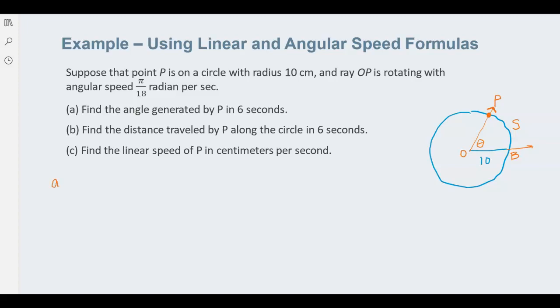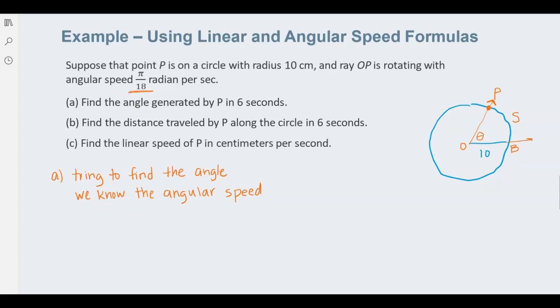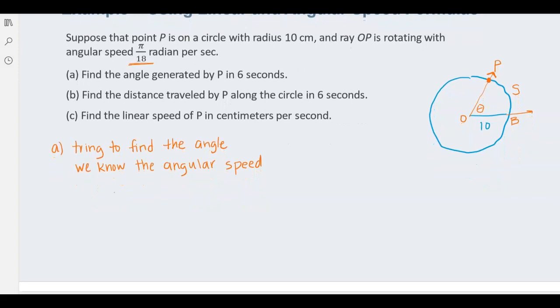So for part A, we're trying to find the angle, and we know, because they gave it to us, the angular speed. They told us that the angle was moving at pi over 18 radians per second. The original formula we had was that omega is equal to theta over t, but we're trying to find what theta is.